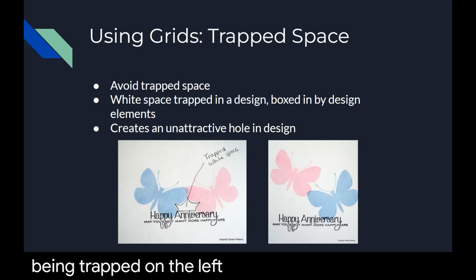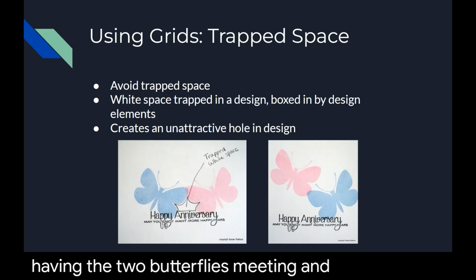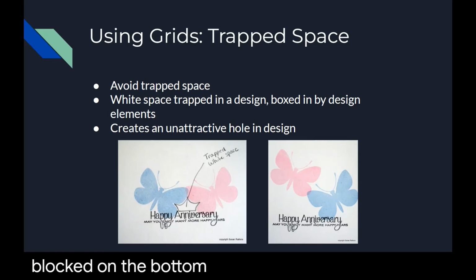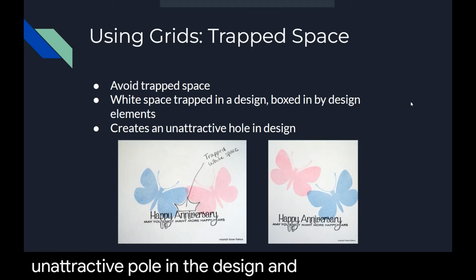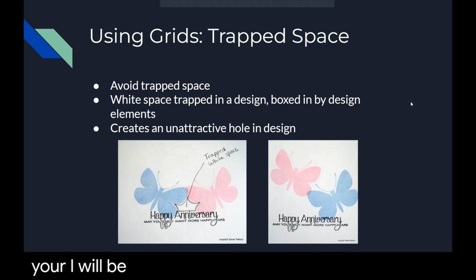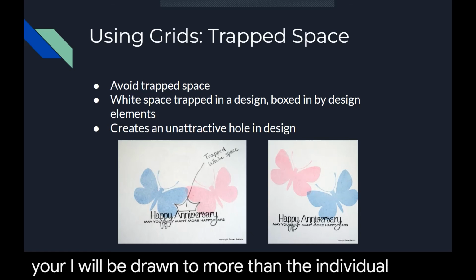On the left-hand side, you can see that having the two butterflies meeting and then being blocked on the bottom by the text is creating white space between the elements. This creates an unattractive hole in the design, and it's actually what your eye will be drawn to more than the individual elements.